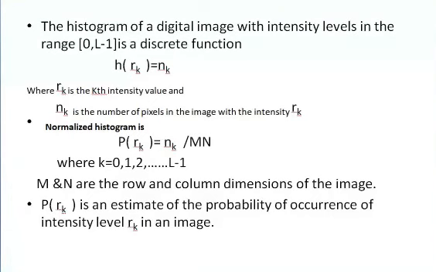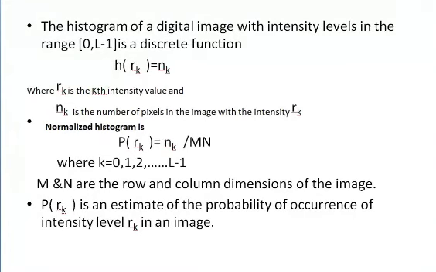The range of pixel intensity in that image is 0 to L minus 1. Of course, you know all these things. So how can you calculate the histogram, that is, how can you draw the histogram for a particular image?